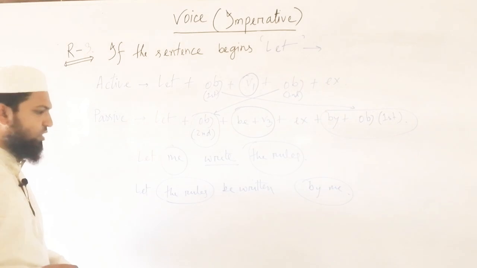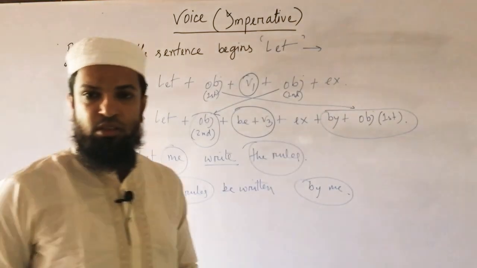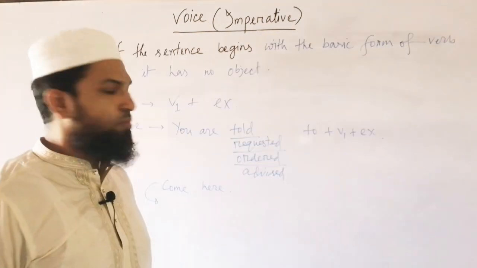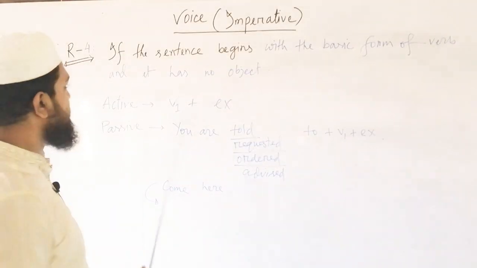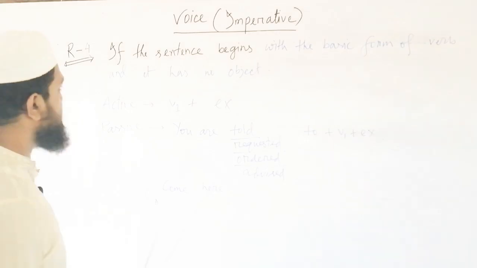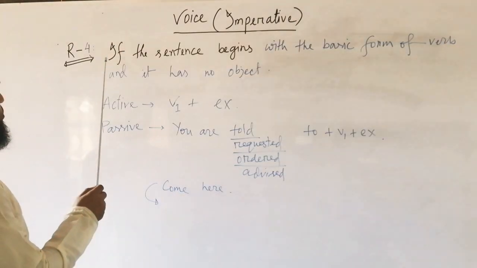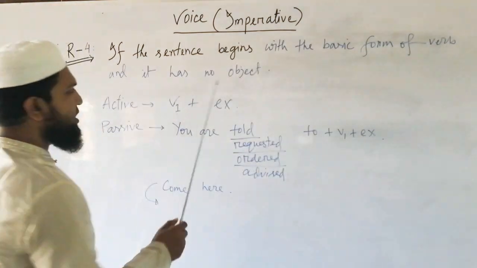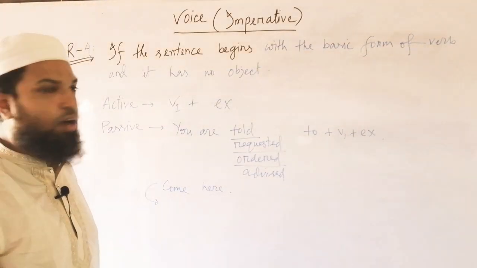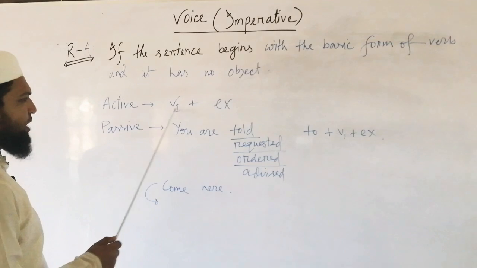Okay, I want to show the final rule. Let's look at, my dear students, just notice, it is the last rule. The condition of this rule: if the sentence begins with the base form of a verb and it has no object, how to change? Active: verb and extension.